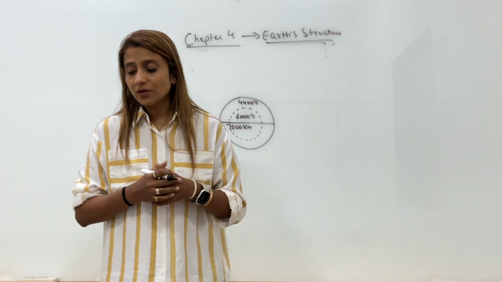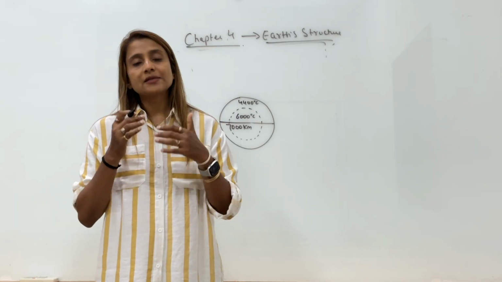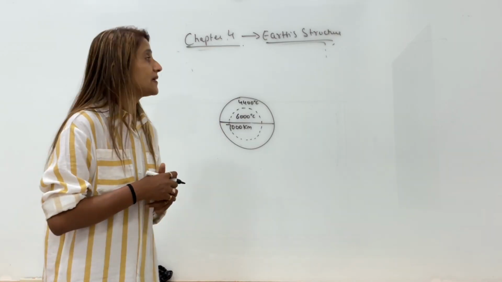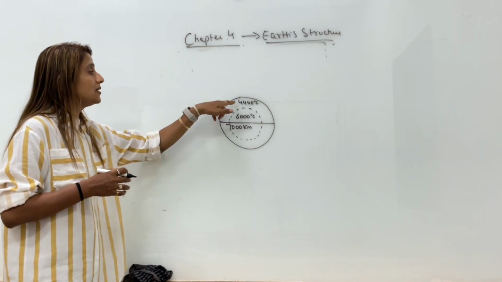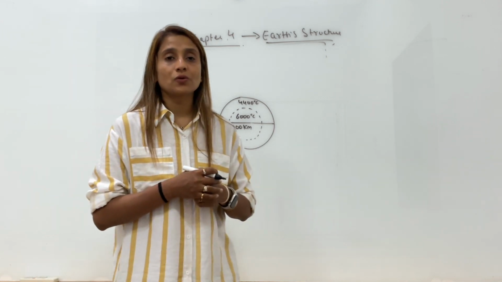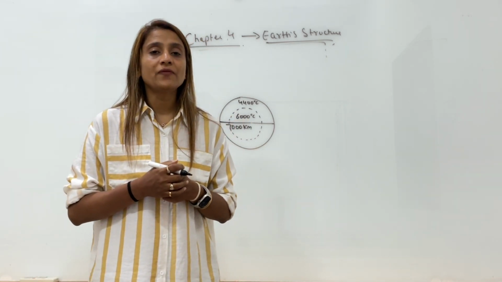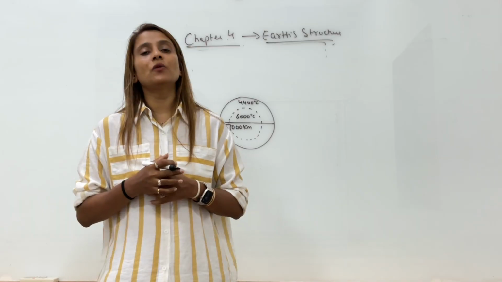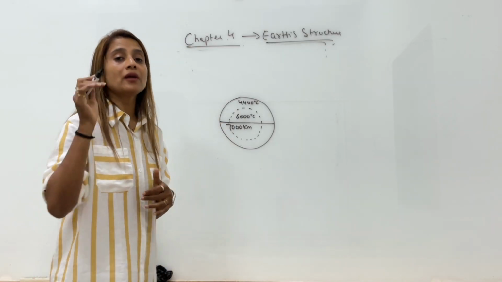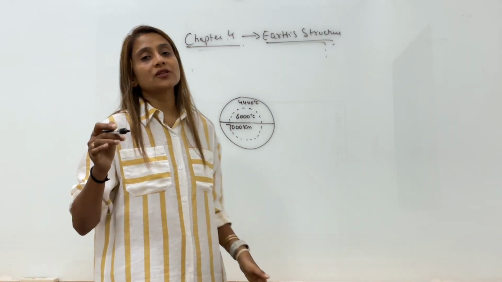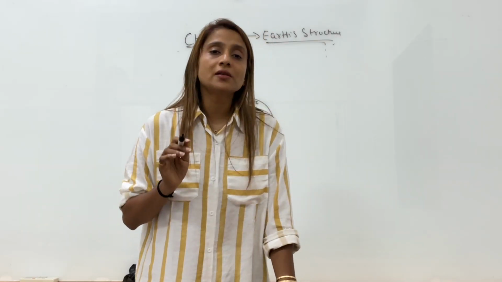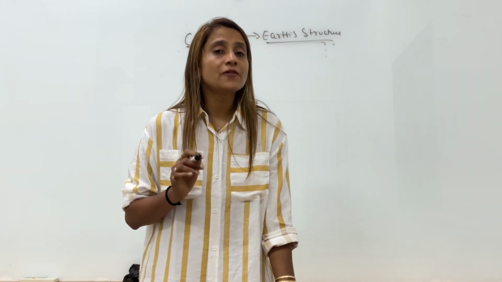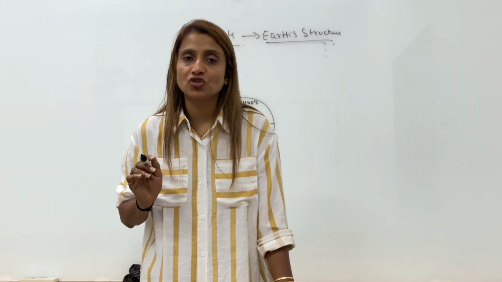But outer core is in semi-molten state. That is why secondary seismic waves disappear in the outer core. So inner core, I repeat again, in spite of such a high temperature, is in solid state because of high density and high pressure.